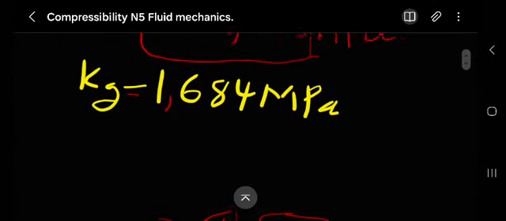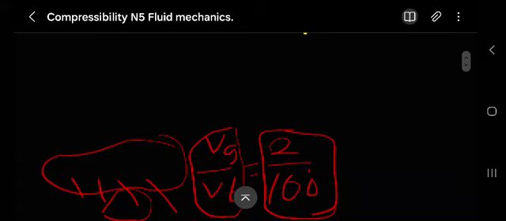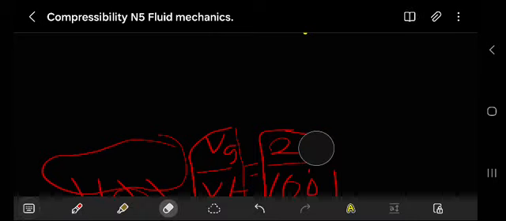Cool. Let us solve our stuff here. Okay, this is the formula.